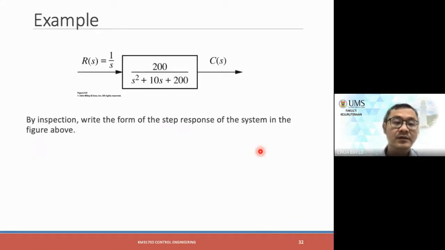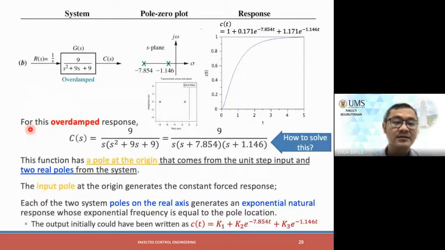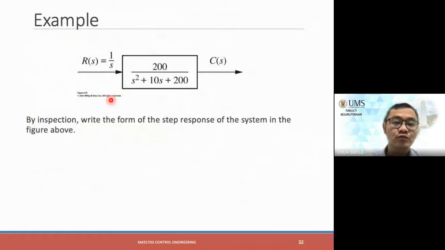Now, by looking at these examples, you have learned two forms of second order system. Sorry, one is underdamped and one is overdamped. So which would that be? Can we solve this into real solutions or real roots, or is there a complex root?